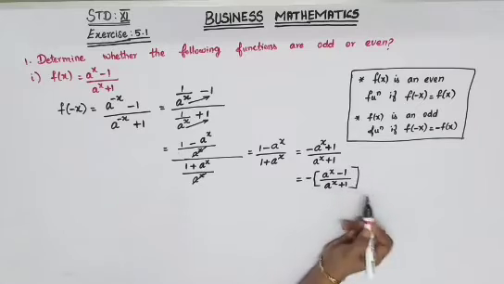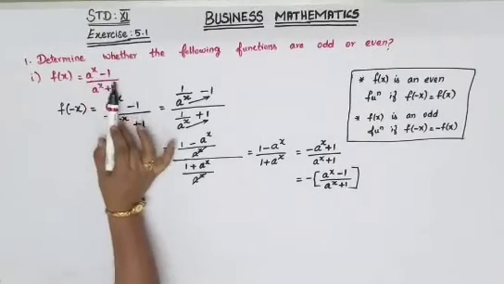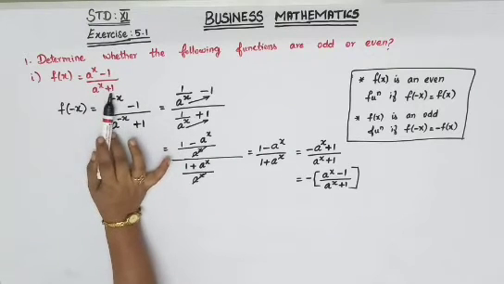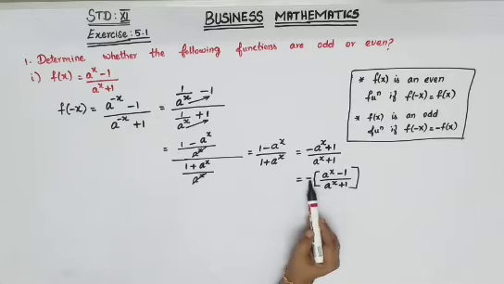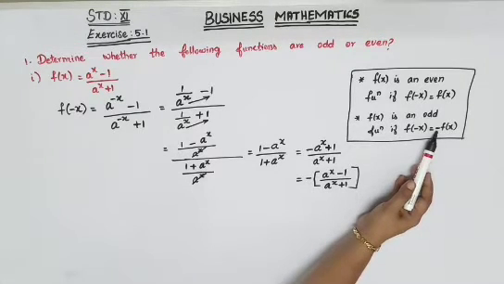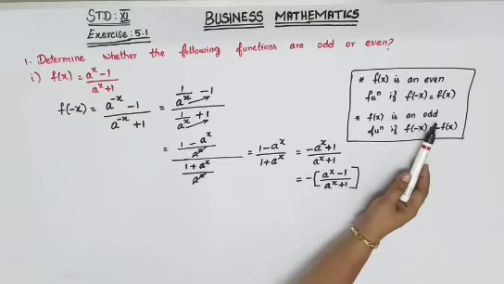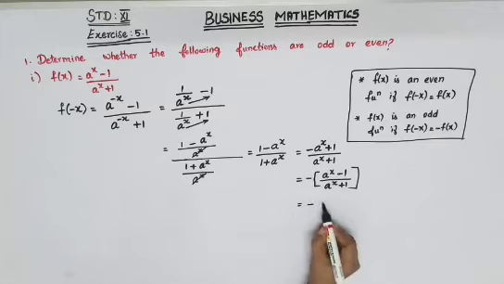Now check your question and the last answer. Here a^x minus 1 divided by a^x plus 1 is the same thing, but with an extra minus outside. If you have a minus outside in your answer, that is an odd function. So we have that minus outside, so you can write it as minus f of x.